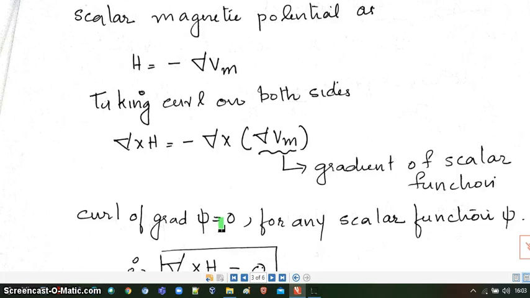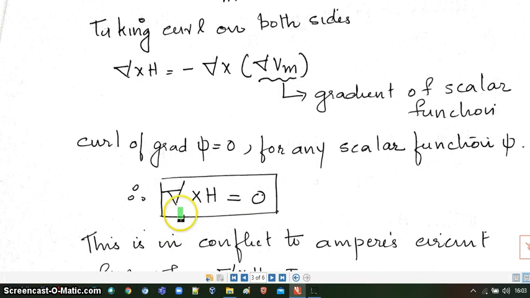This point is important. Here this term is the gradient of a scalar function, and if you take the curl of this term, it will be equal to 0 according to this definition. So we will get del cross H is equal to 0, where H is the magnetic field intensity.